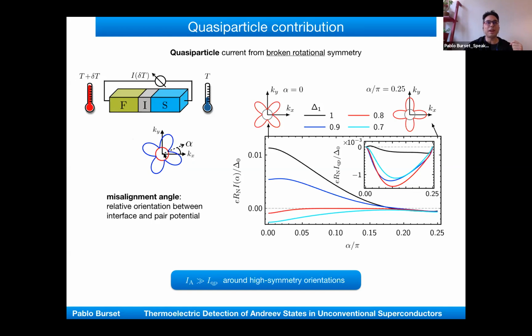If alpha is not exactly oriented in some highly symmetric direction, we will have a breaking of this rotational symmetry and a contribution of quasi-particles that we see here in this inset. In most of the cases we have analyzed, it is finite, but smaller than the Andreev one, especially if we are close to one of these highly symmetric orientations.